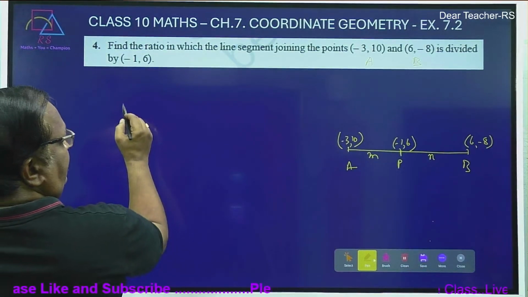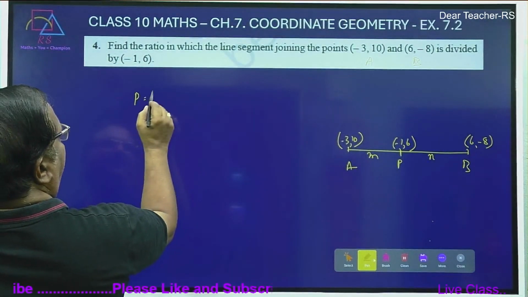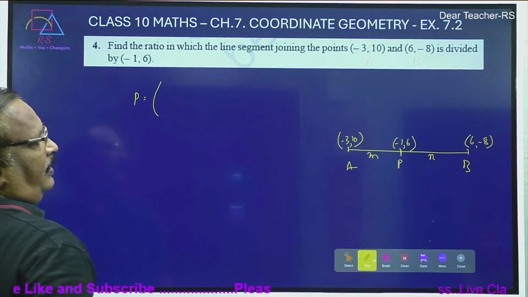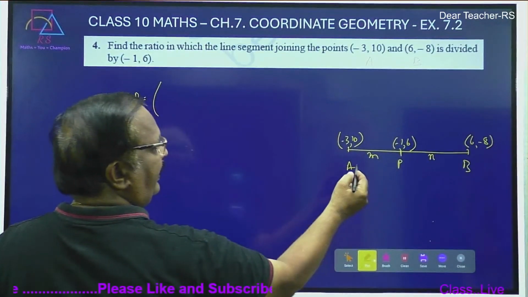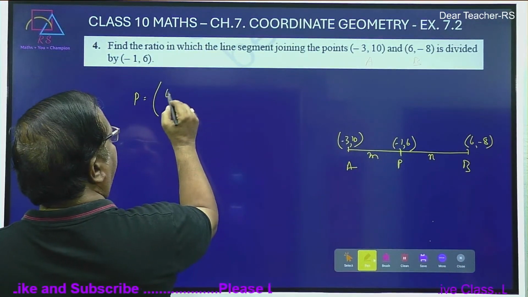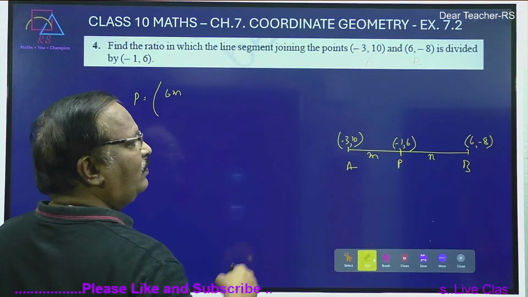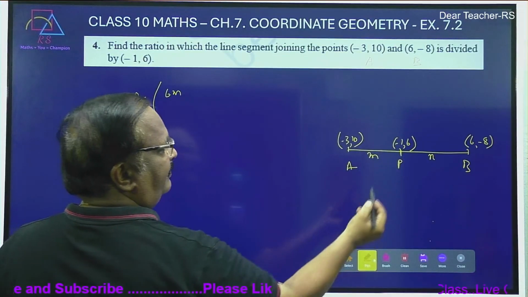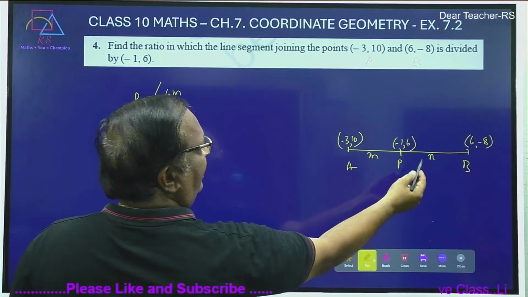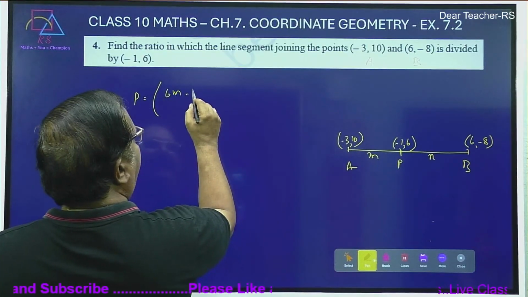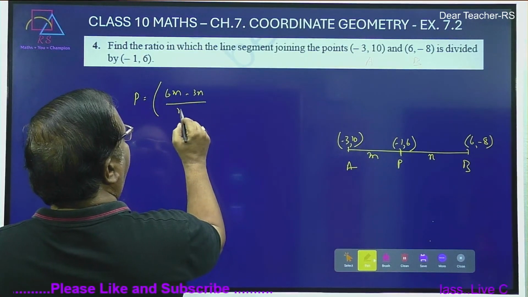Okay, so now P is equal to mx2. mx2 means 6m, nx1 means n into minus 3, minus 3n by m plus n.